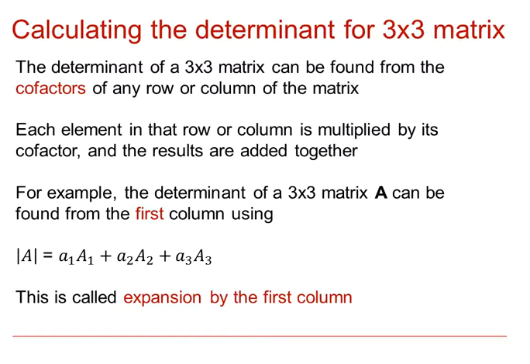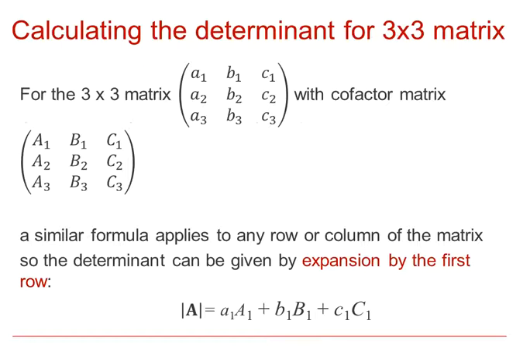Finding the determinant by using the first column is called expansion by the first column. So, using the notation for a 3x3 matrix of first column being all the small a's, second column being the small b's, and third column the small c's, with a cofactor matrix using capital letters, a similar formula applies to any row or column of the matrix.